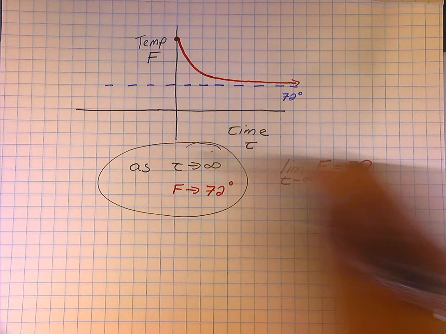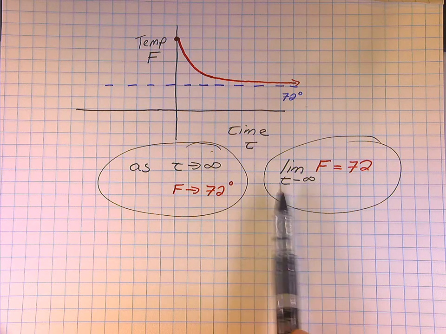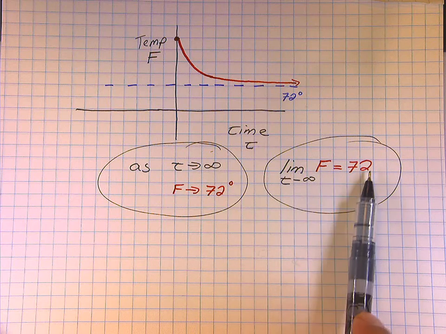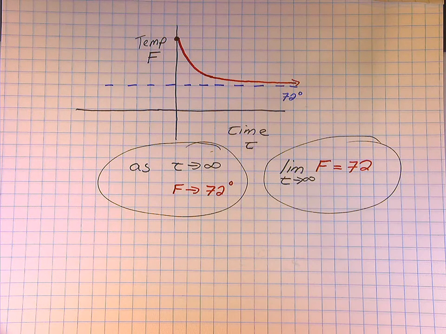Now I've color-coded so you can see as we go from one way of writing it to another way of writing it, one with limit notation, one without limit notation. The idea is exactly the same. They read a little bit differently. The limit of F is 72 as t, that's an arrow, approaches infinity.